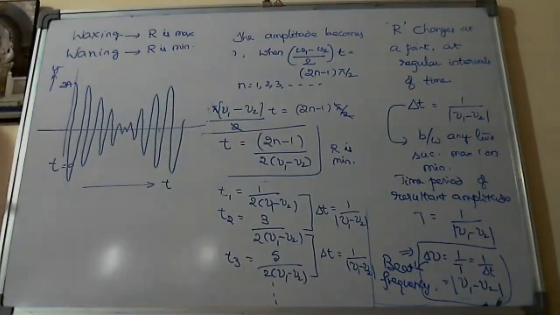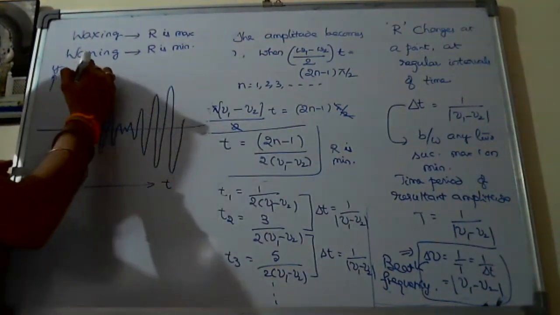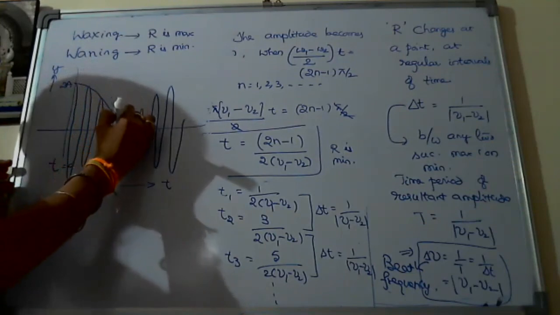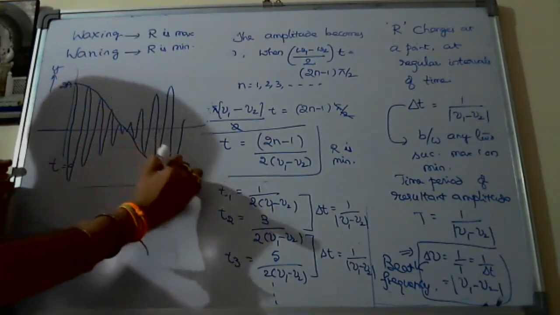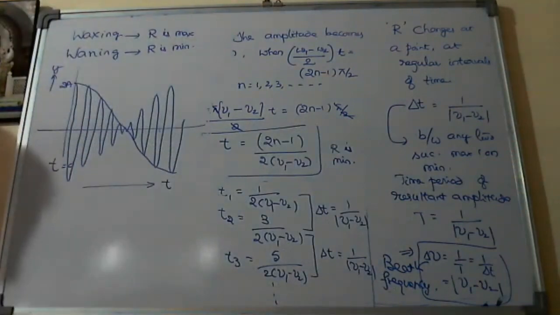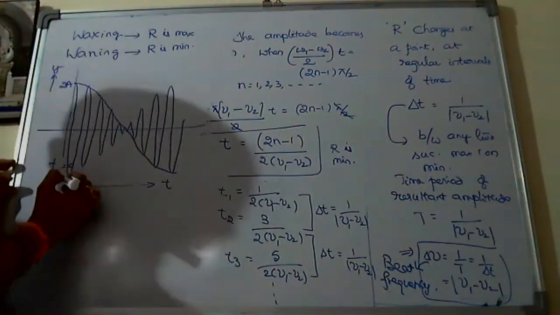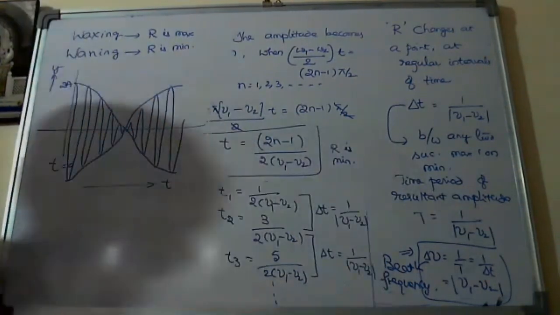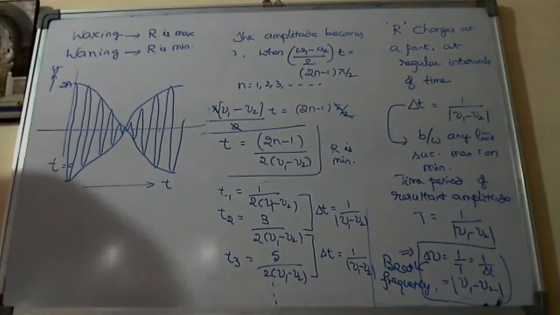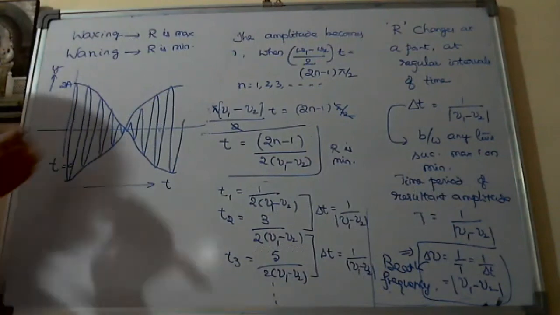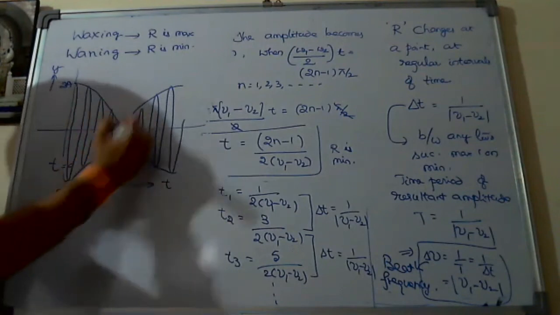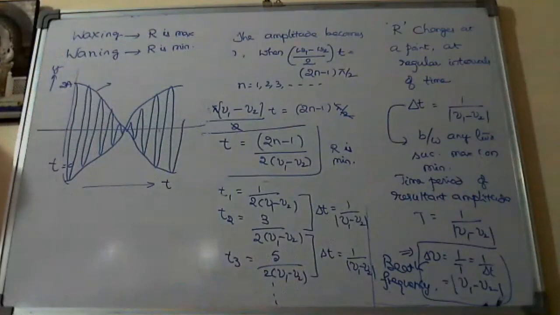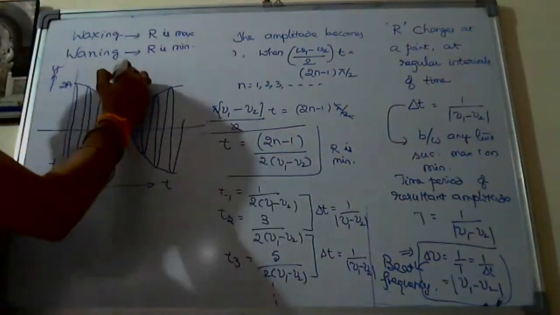Okay. So here, if you draw the locus of all maximum or minimum points, you will get a graph like this. This is the resultant wave, and the locus of all maximum and minimum points joined is the beat wave.